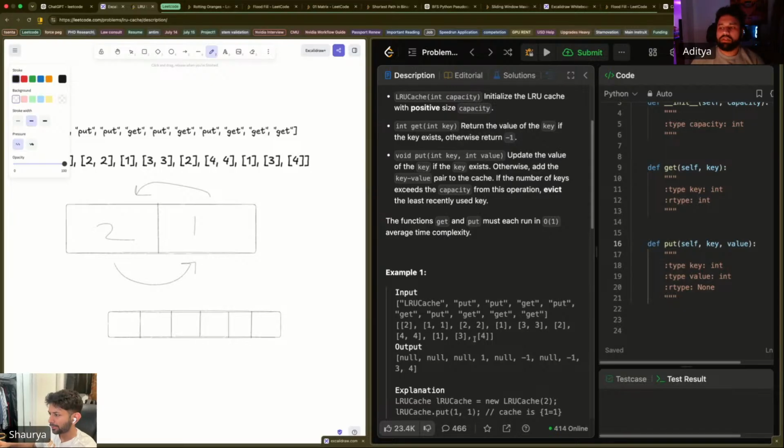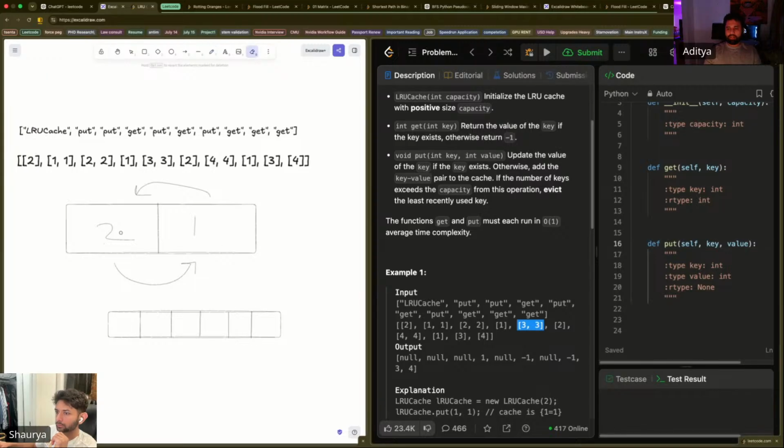Let's go through this first and then we'll add the whole code. So it's saying get and then put 1, right? Now it's saying put 3 comma 3. So put key as 3 and value as 3. And since 2 is the least recently used, we'll remove 2 and add 3.